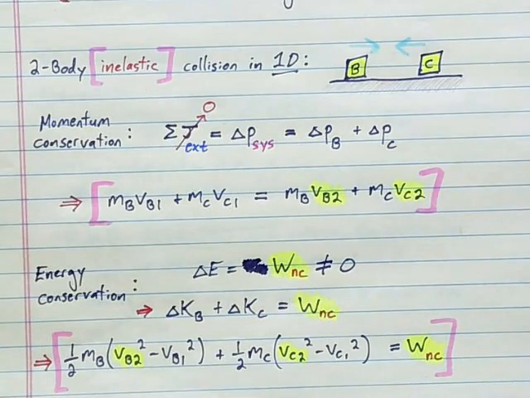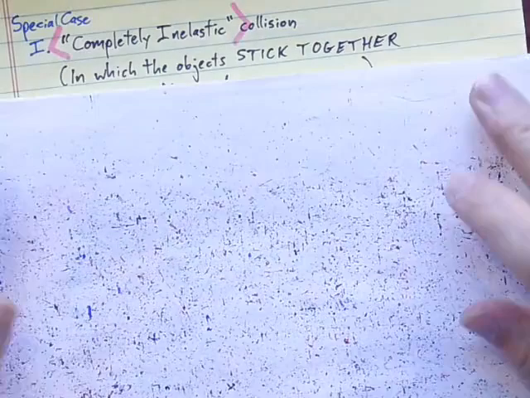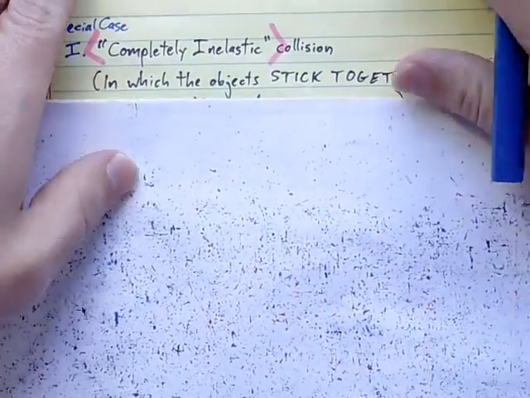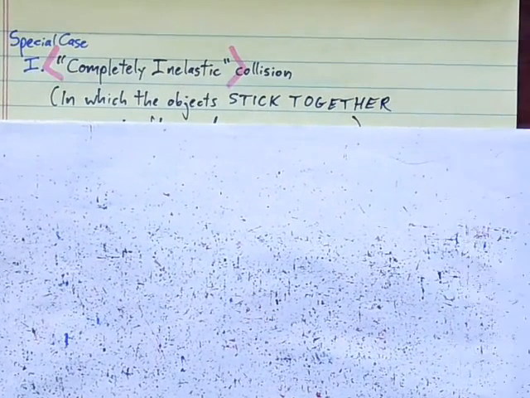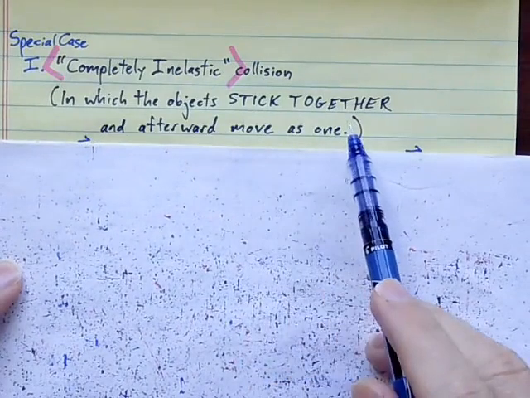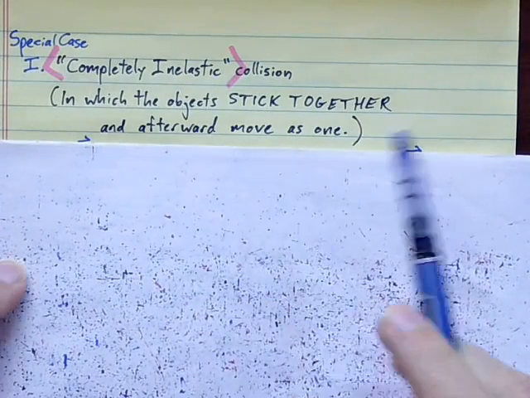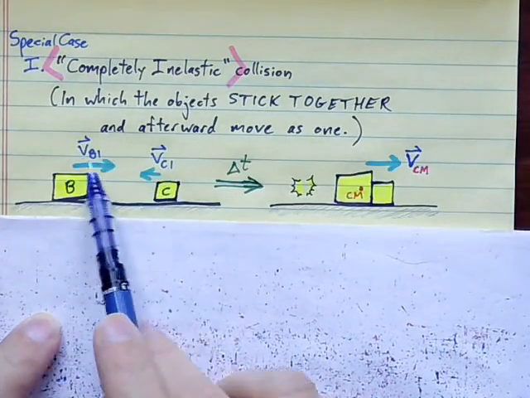Having said that, let me introduce an exception, a special case. The special case that we call the completely inelastic collision. This is when two objects collide and then stick together and afterward move as one. So we have B and C coming at each other with some unknown initial velocities.